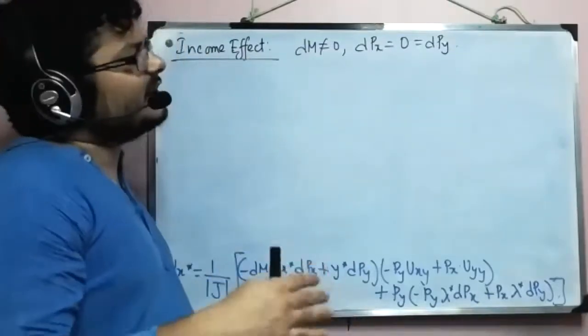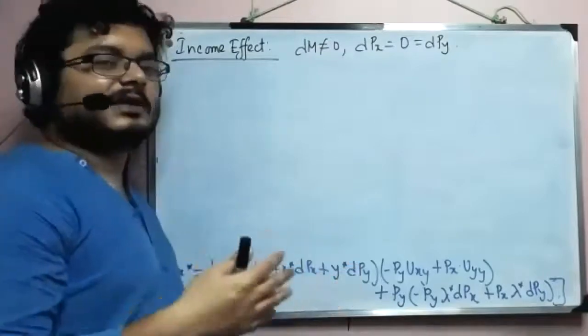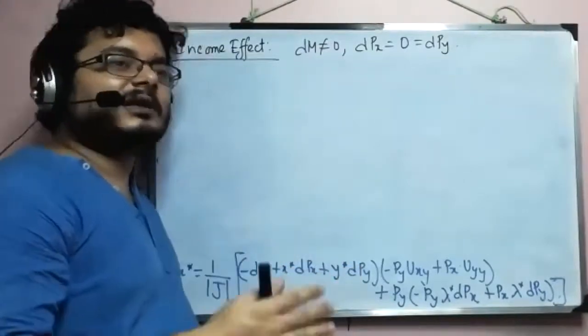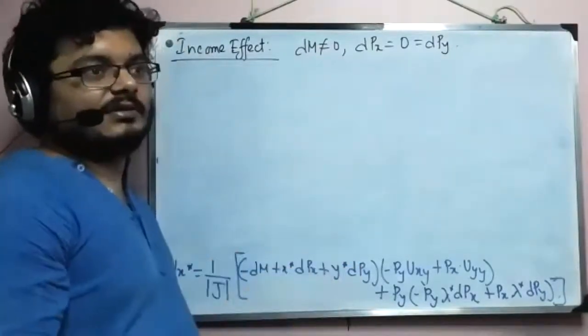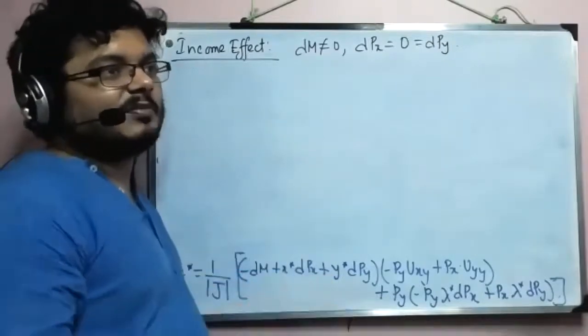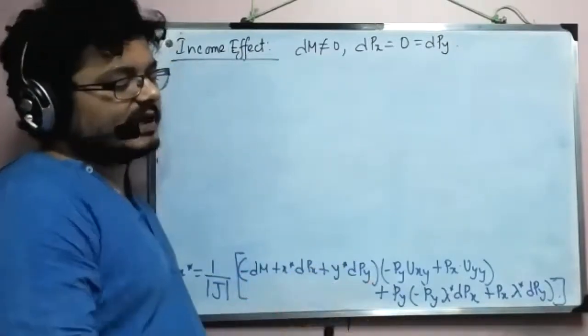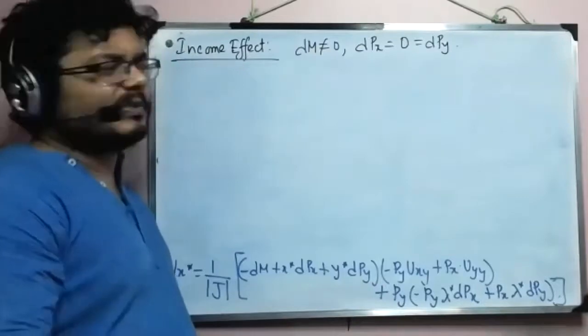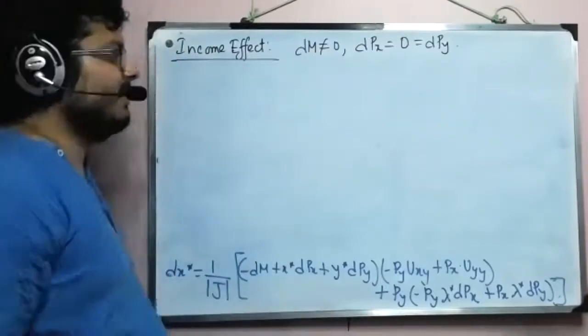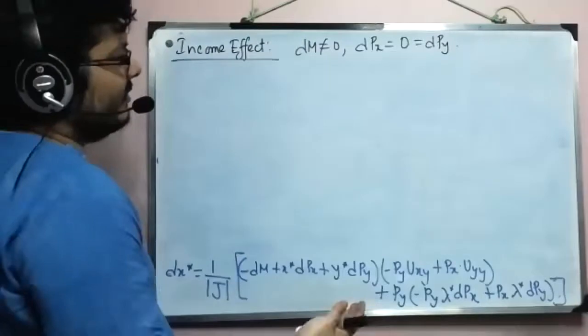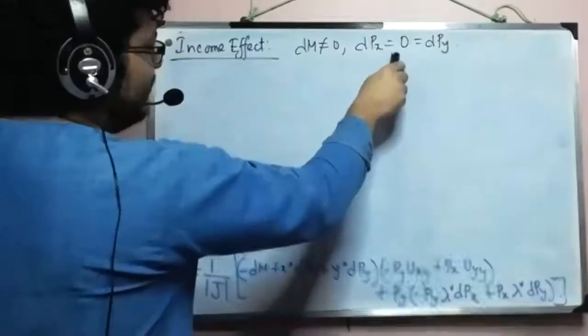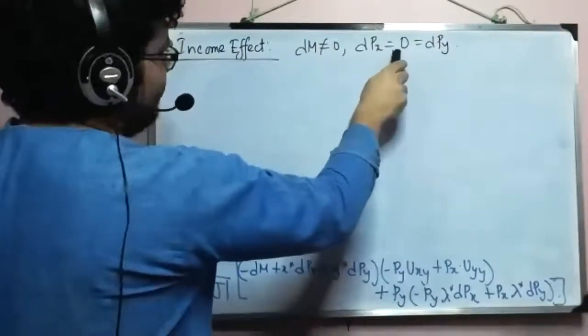The interpretation is dpx equal to 0 and dpy also equal to 0. But anyway, that's just rigorous playing here, so I prefer to write it like this.